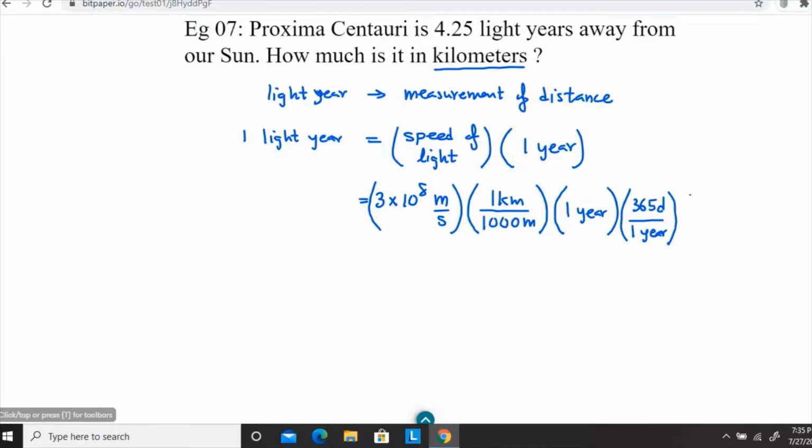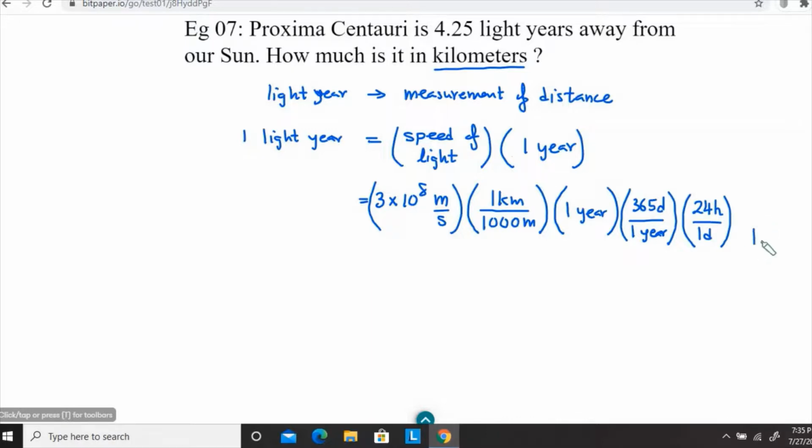And then I need to convert days into hours. I know that there are 24 hours in one day. And then I'm going to convert hours into seconds. I'm going to convert it directly without going through minutes.